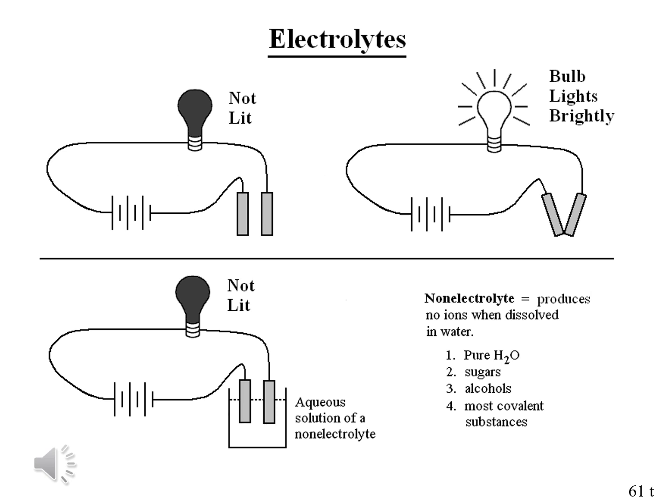You turn the switch on and the bulb lights up. Now, if you take the two electrodes and put them into either pure water or a solution of sugar water or alcohol in water, you will not get any conducting, and that's why those are called non-electrolytes, because they do not produce ions, and so the solution does not conduct.